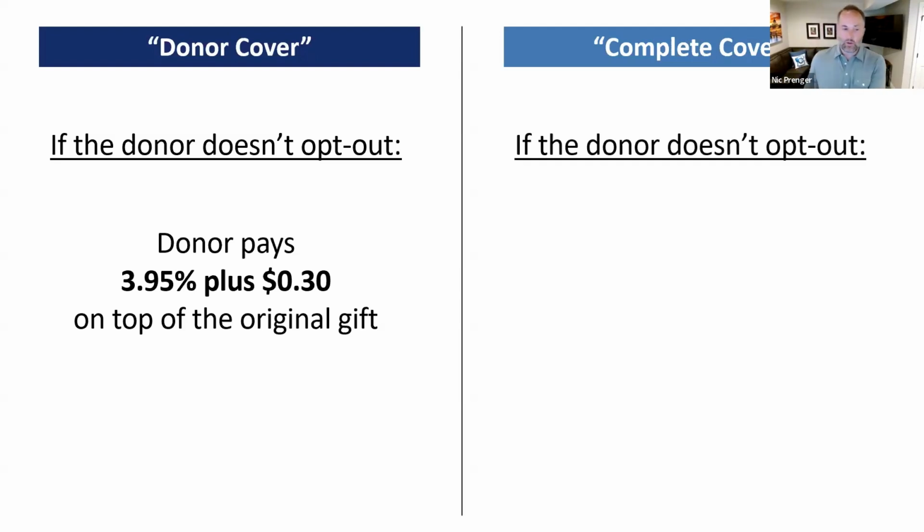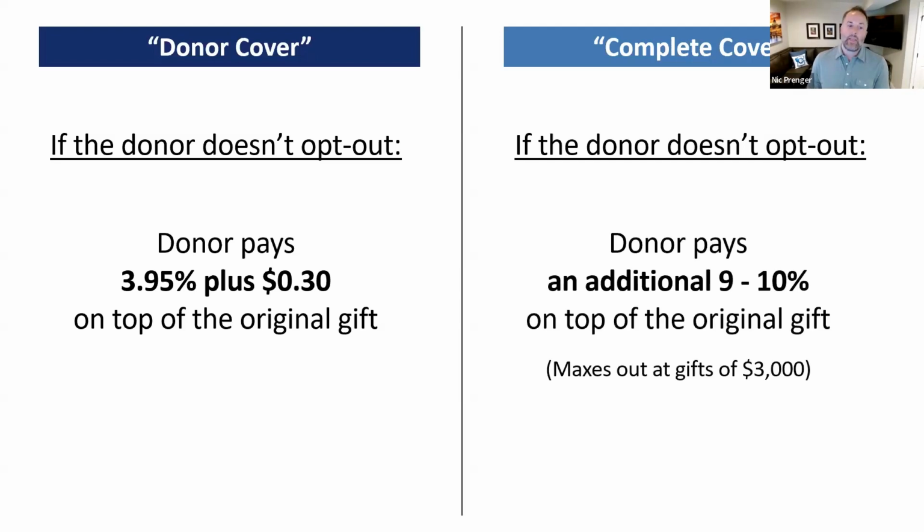On complete cover, if you turned it on and the donor does not opt out, they are going to pay an additional 9 to 10% on top of that original gift, although it maxes out at 3,000. Lauren, did I say that right? Correct. At 3,000, it switches over to donor cover regardless. Gotcha.